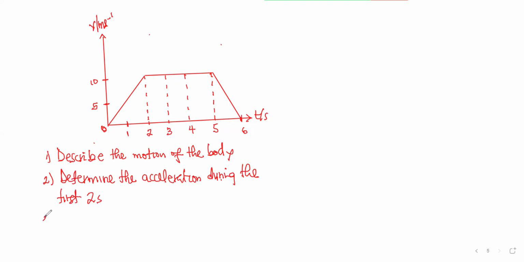Then 3. Determine the total deceleration of the body.